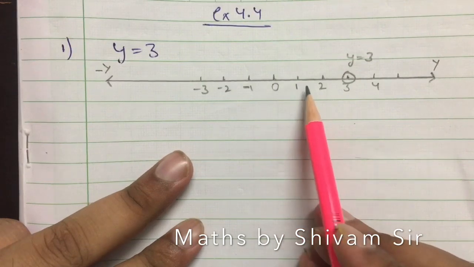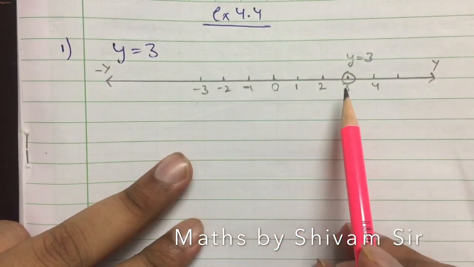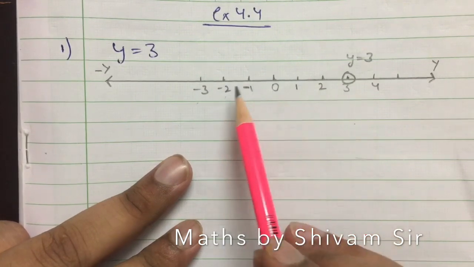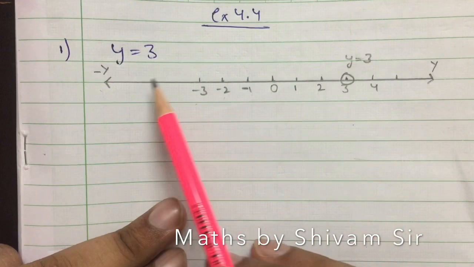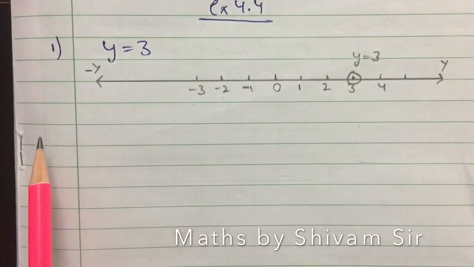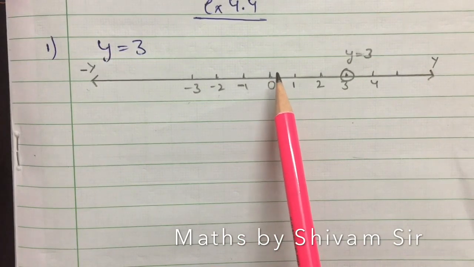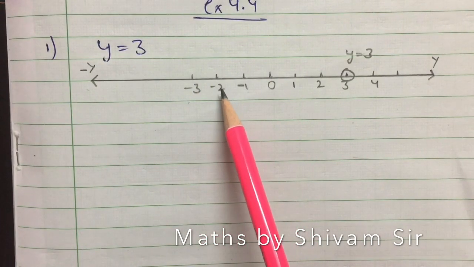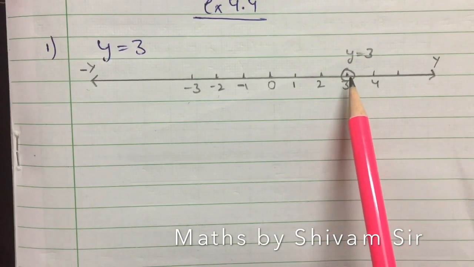So 0, 1, 2, 3, 4, and 0, minus 1, minus 2, minus 3. So y is equal to 3 is this point. So this is a number line. Whenever we have to represent an equation in one variable, just remember you have to plot the equation on a number line. So this is the answer.